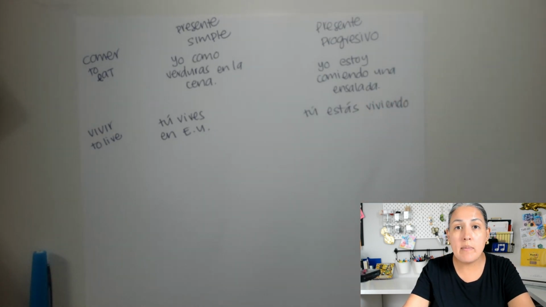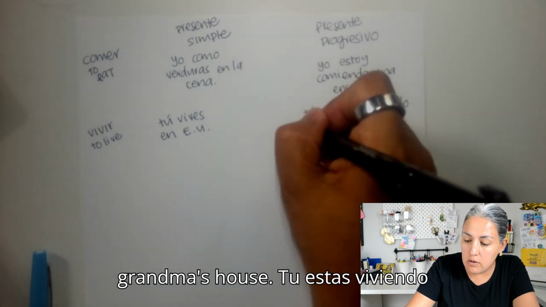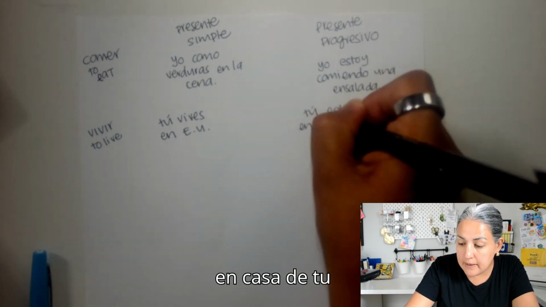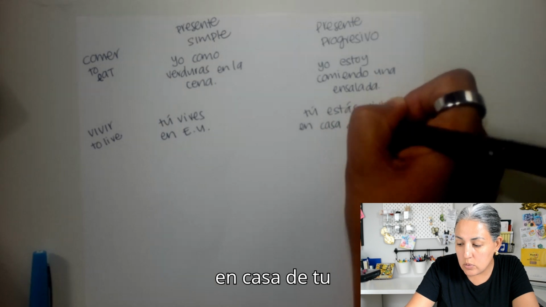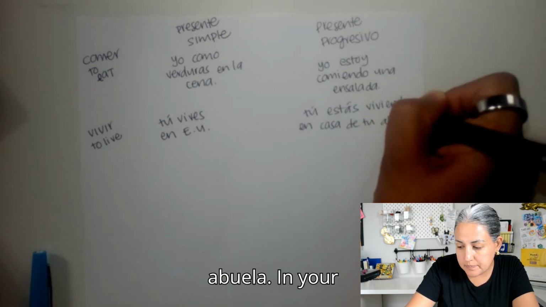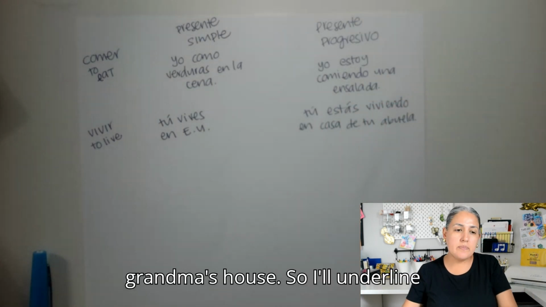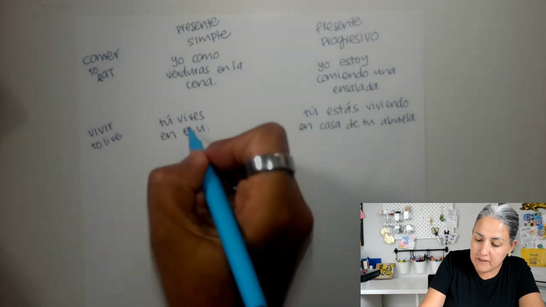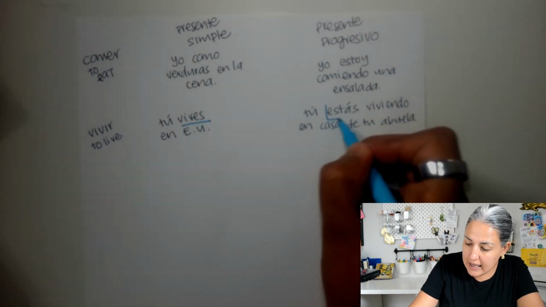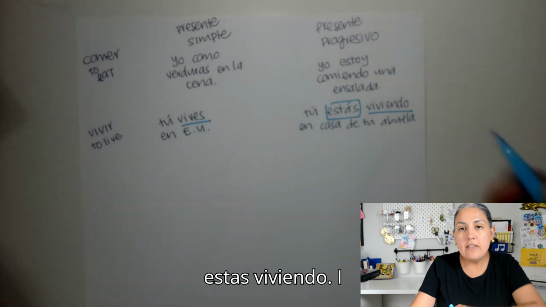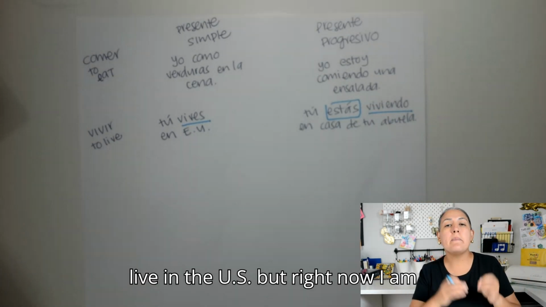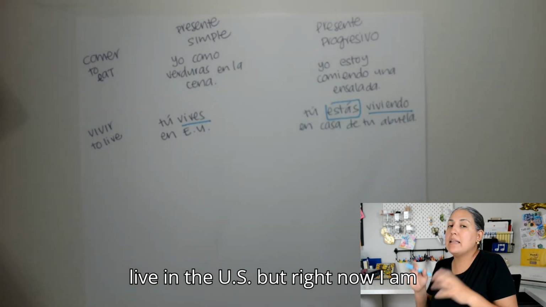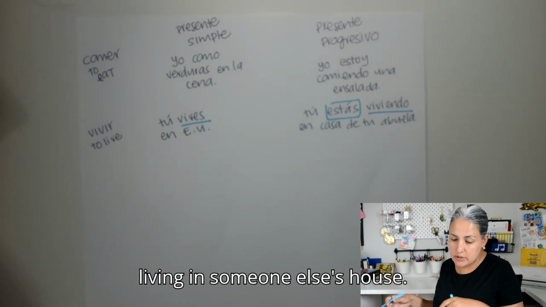In your grandma's house. Tú estás viviendo en casa de tu abuela. So I'll underline vives and estás viviendo. I live in the U.S., but right now I am living in someone else's house.